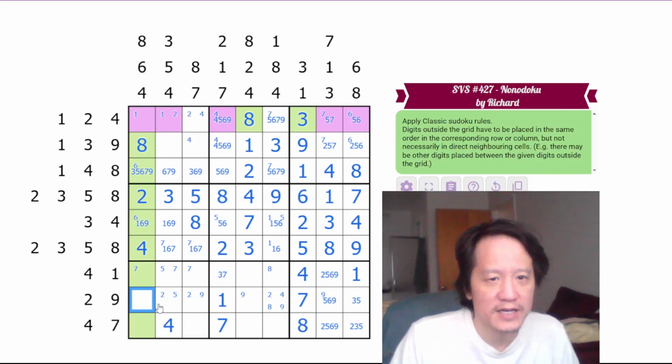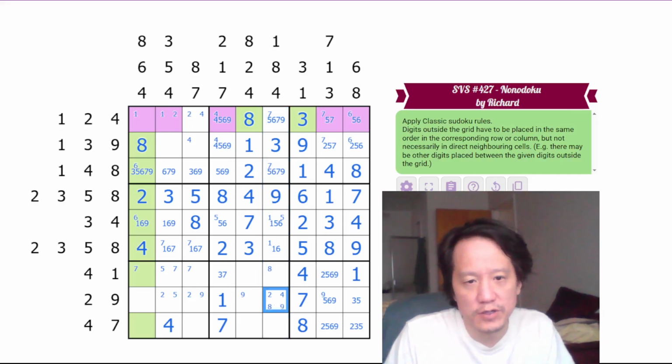I mean, it's kind of done, but not really. 1, 8, 4. Where is 4 in row? Column 6. 4 can only be here. So this is 4. That means 8 has to be here. 1 has to be one of those two. We already knew that, though.